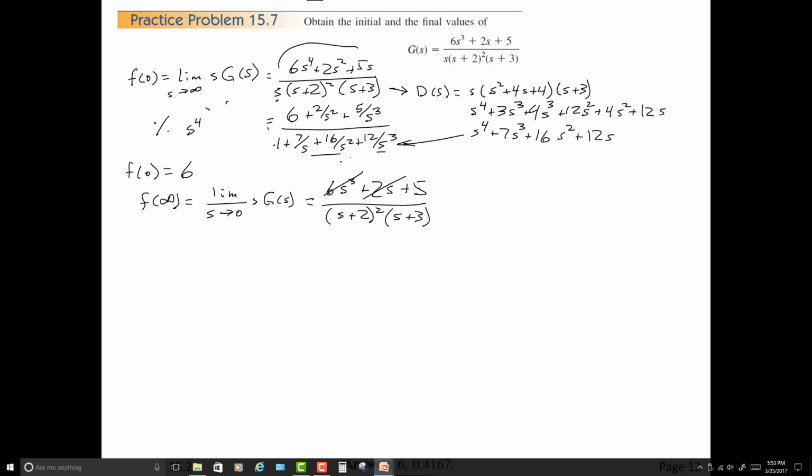That term goes. That's gone. And we get 5/12. Okay? 2 squared is 4 times 3 is 12. All right. So those are the limits. And this will be it for part 2. We will finish the chapter in part 3.